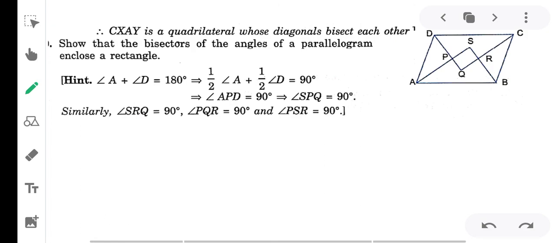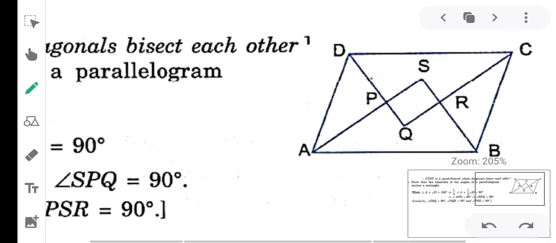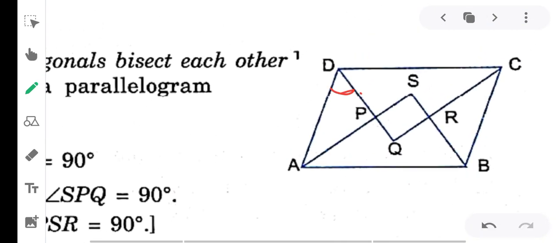Now if you see angle A plus angle D equal to 180 degree, because consecutive angles are supplementary, right? So angle A plus angle D equal to 180, then half of these two angles will be 90 degree. Up to this clear? So half of these two angles will be angle PDA and angle DAP.